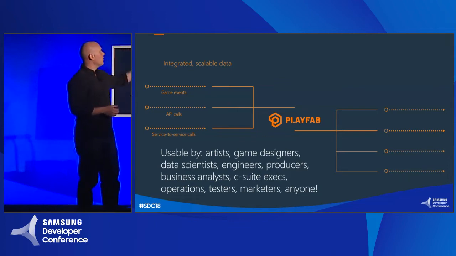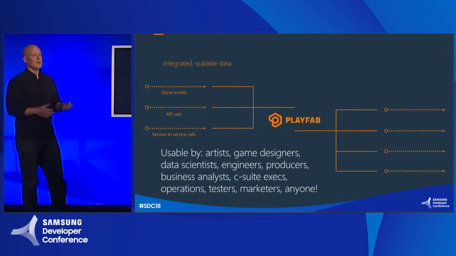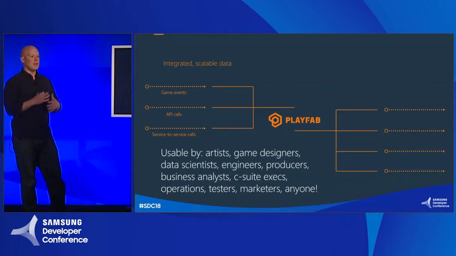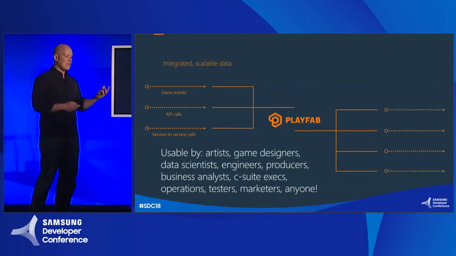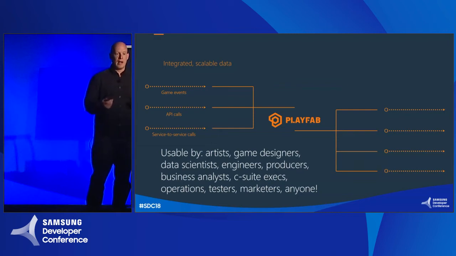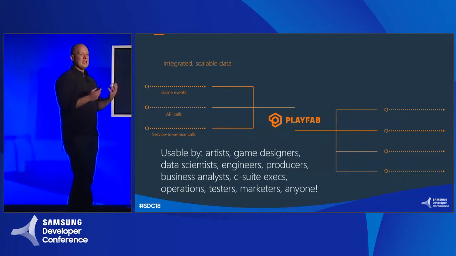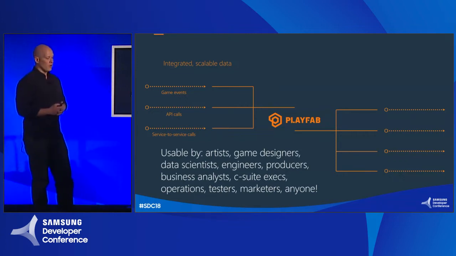These events can be used by anyone within the studio. Artists can understand the flow of players within the game so they can create new levels. The same with game designers. Data scientists can understand player behavior and build models around churn or cheat detection or anything critical for your game.